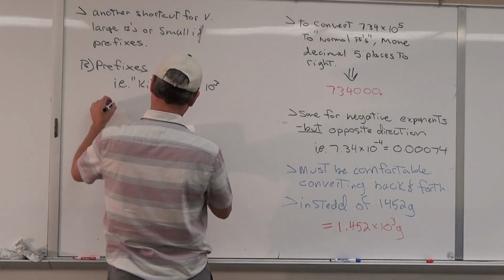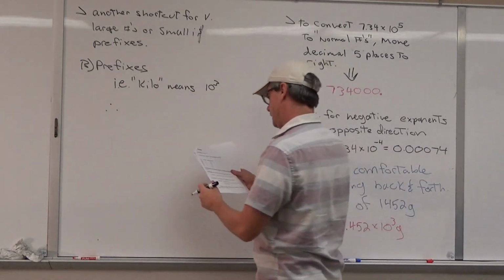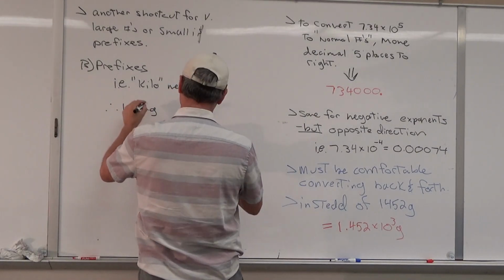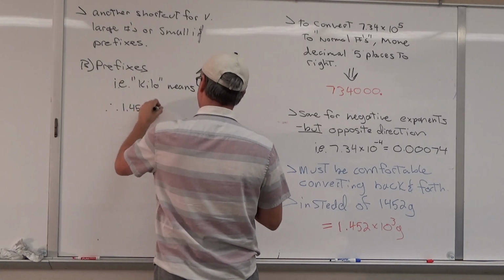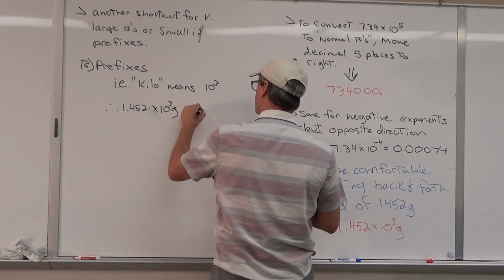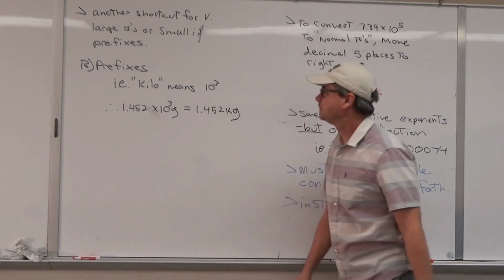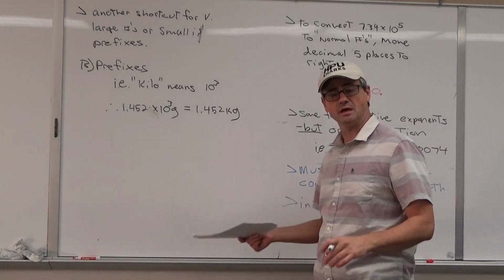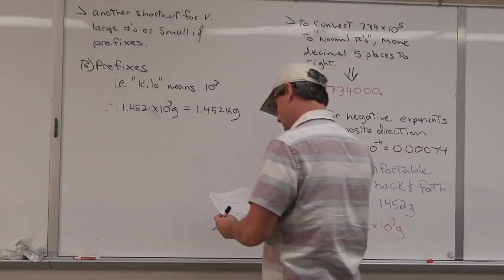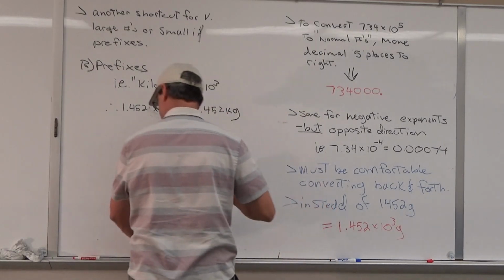Therefore, 1.452 times 10 to the 3 grams is the same as 1.452 kilograms. And there are other ones. Milli and centi are some you might be familiar with. These are something you really want to commit to memory.